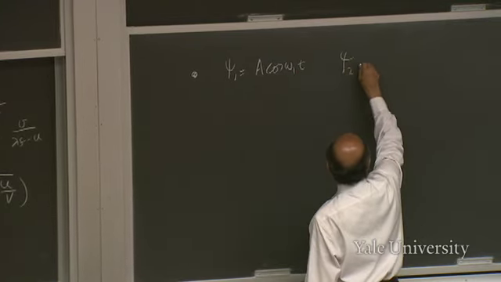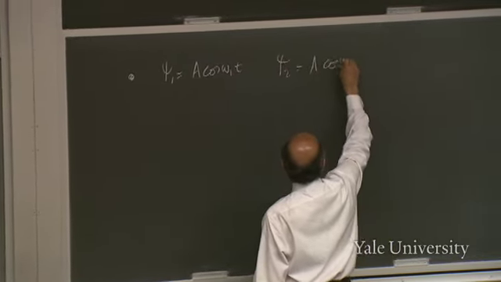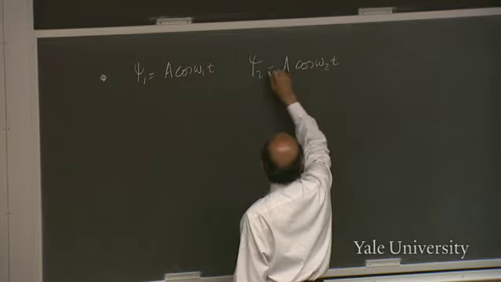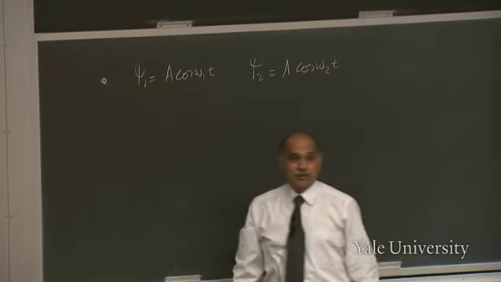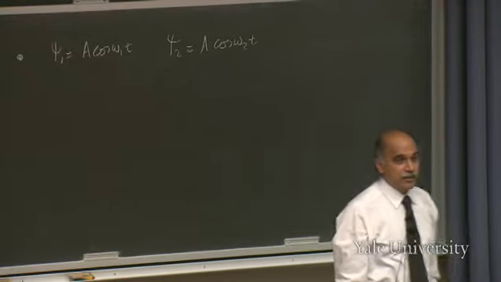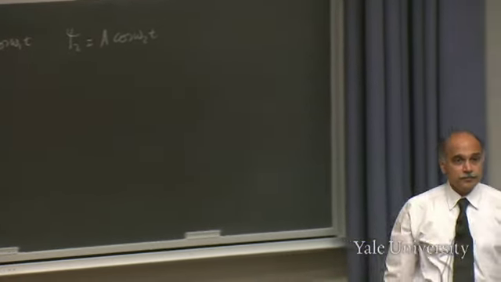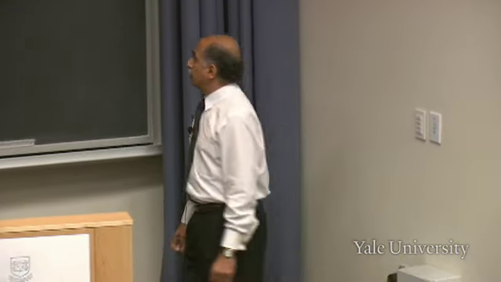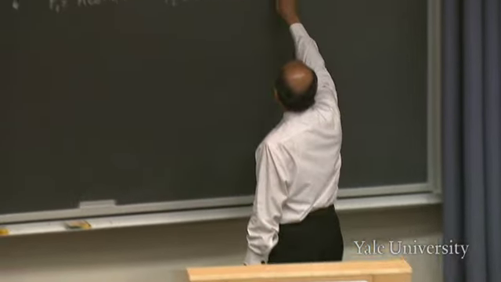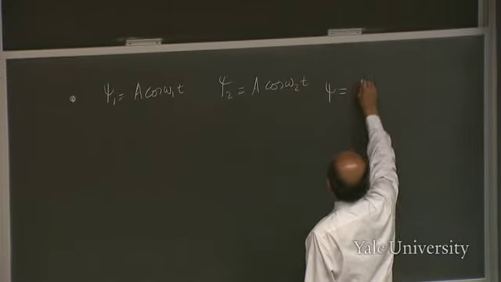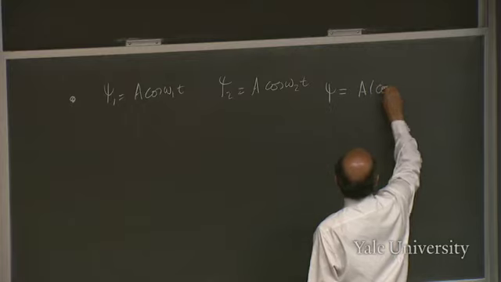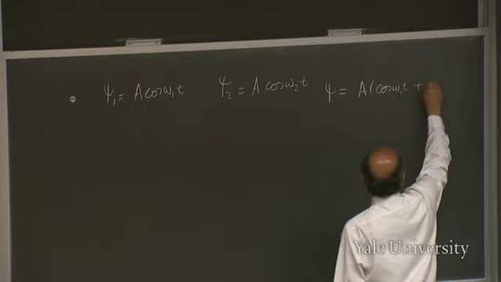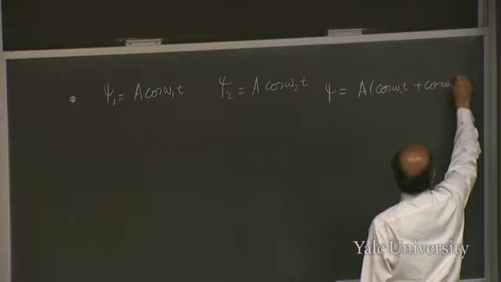That's the second source of sound, which is a cos omega 2 t. I've chosen the two to have the same amplitude, but not necessarily the same frequency. You want to add these two, and you want to see what you hear. So what you will hear will be psi 1 plus psi 2, which will be a (cos omega 1 t plus cos omega 2 t).